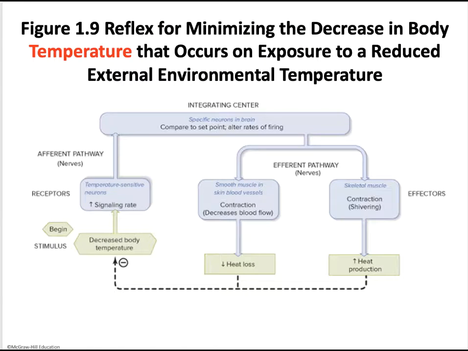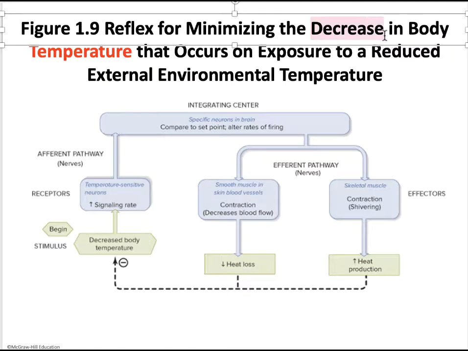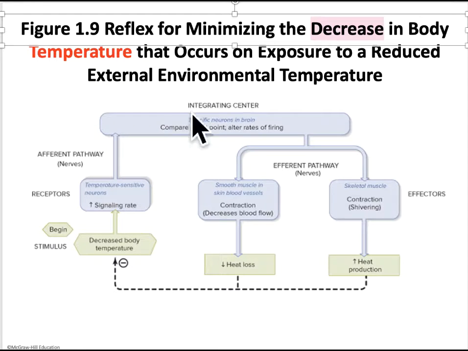Here is a similar diagram to address the example of temperature changes happening in the body. In this case, we're going to look at a decrease in body temperature and how the body responds. So we begin here, and you can see what's happening, a decrease in body temperature. Then the receptors detect that decreased body temperature. They send information to the integrating center, wherever that may be.